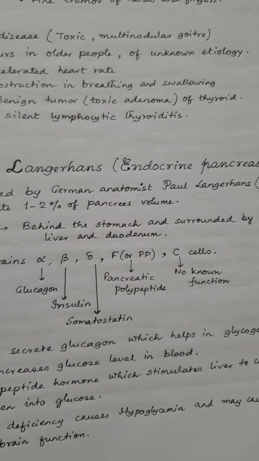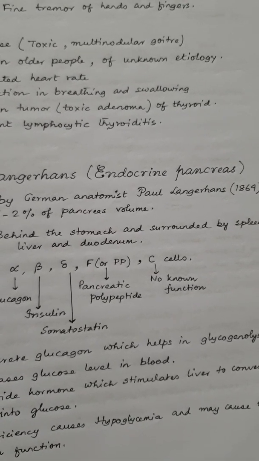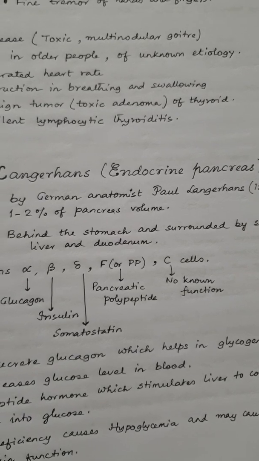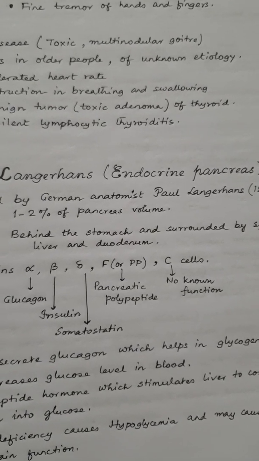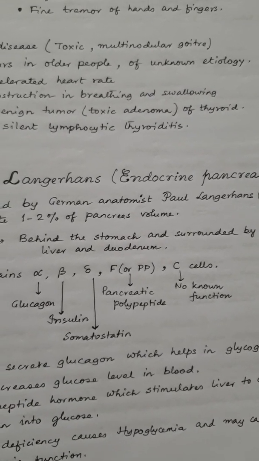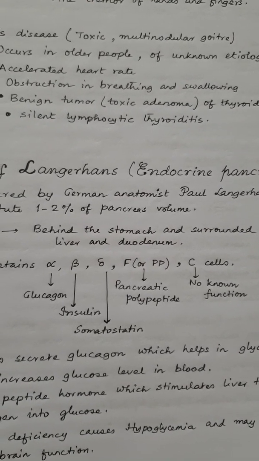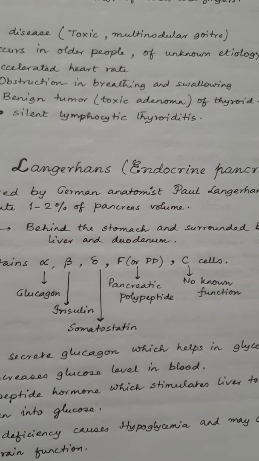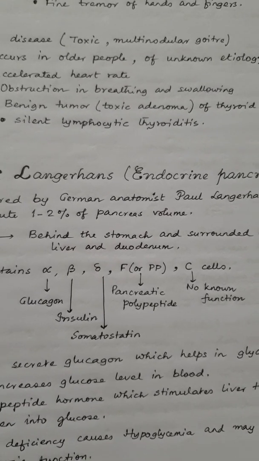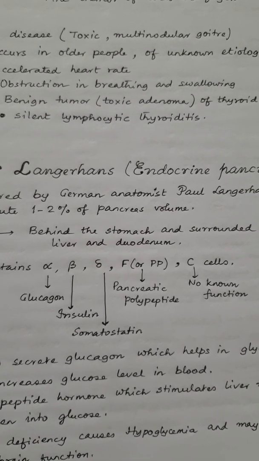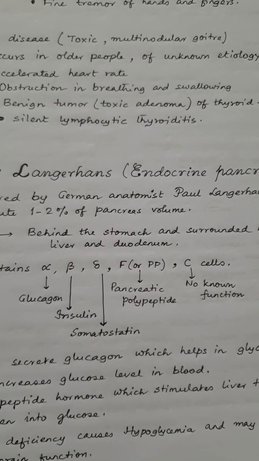Endocrine pancreas contains alpha cells, beta cells, delta cells, F cells, and C cells. Alpha cells secrete glucagon, beta cells secrete insulin, delta cells somatostatin, F cells pancreatic polypeptide, and C cells have no known function.